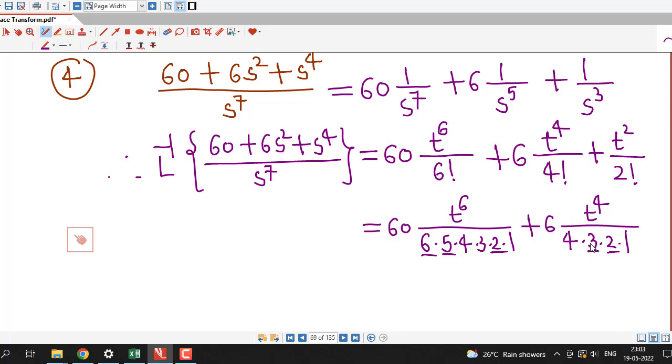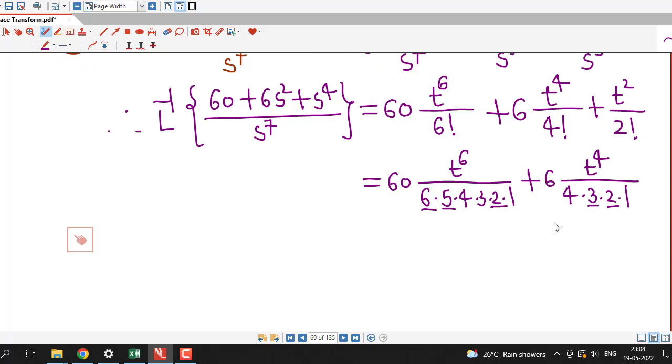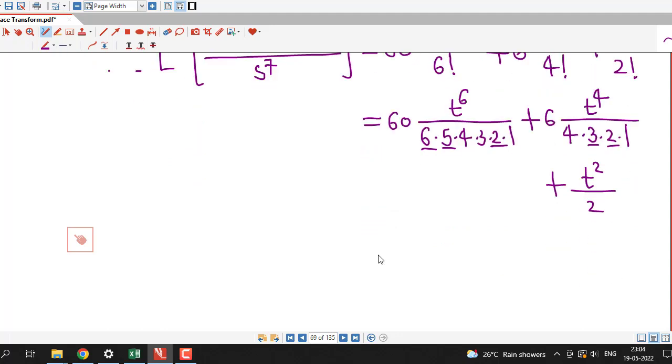So this 6 will cancel out here, and plus t square divided by 2 factorial, that is 2. Now if we cancel out 60 here, we cancel 5 into 2, that is 10, into 6. So we are left with 4 into 3, that is 12.